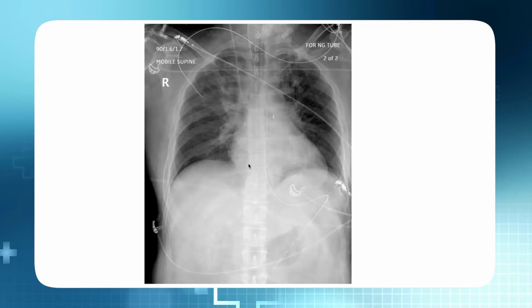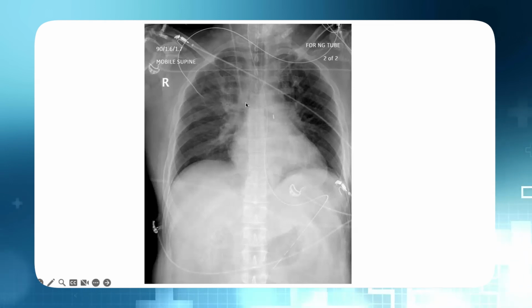Now here, what are you seeing? A right CVP line, endotracheal tube, ECG leads with wires. So you have seen the CVP line over here.